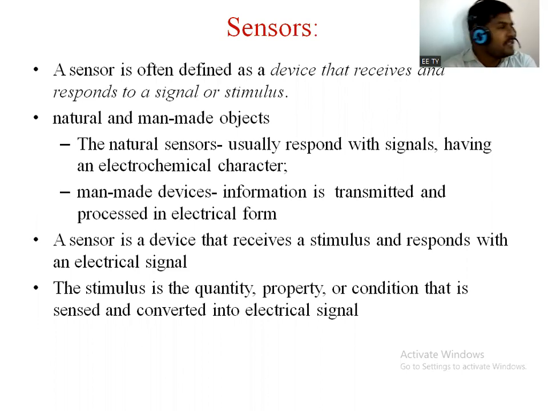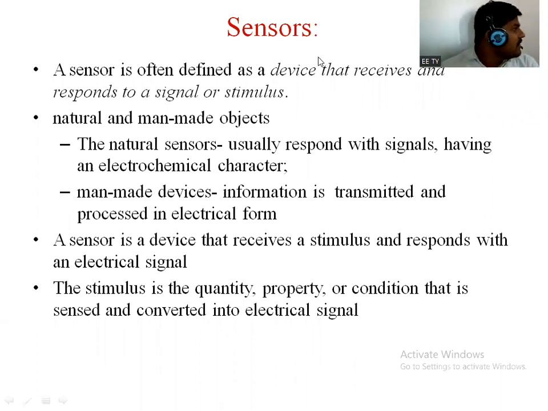Suppose we want to measure the temperature of iron, or of aluminium; these are different temperatures. Their melting points are different, so the temperatures should also be different. So the stimulus is the quantity, property, or condition that can be sensed and converted into an electrical signal. So basically the output obtained is in which form?